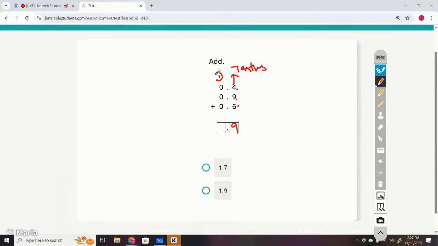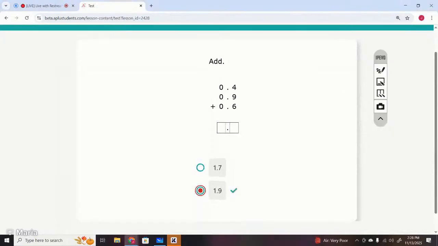Write 9 and carry 1 to the ones position. So 1 plus 0 is 1. That is 1.9. Option number 2 is the correct option.